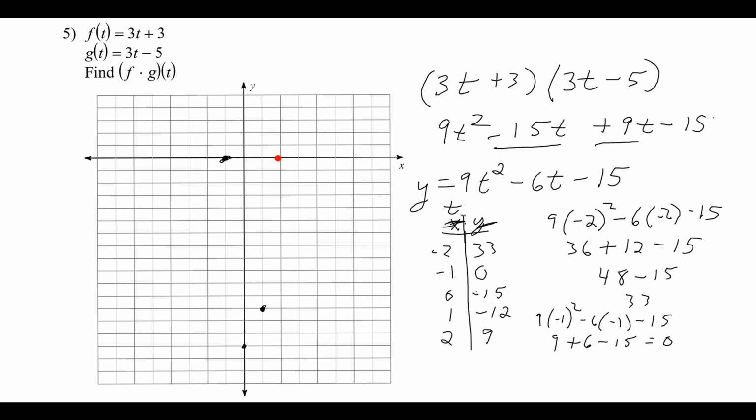This one will be at 2 and then up 9 somewhere. So we'll go ahead and just estimate something maybe up here. And then it's a parabola, it's squared, so we're just going to try to do our best to make it look like a U shape. All squared equations like this in this format are always going to be U shapes or parabolas.